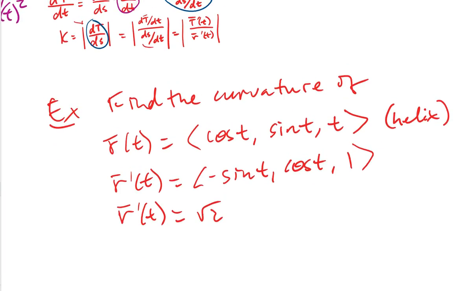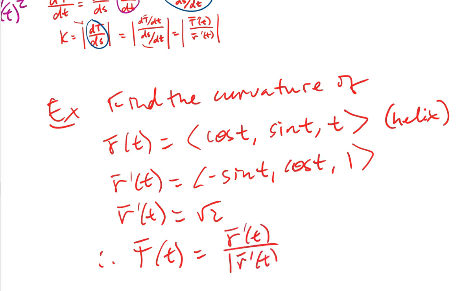And so, therefore, T of t is r prime of t over its length, which is, the length is root 2, so it's 1 over root 2, and then r prime of t is what we have here, so it's negative sine t, cosine t, and then 1.